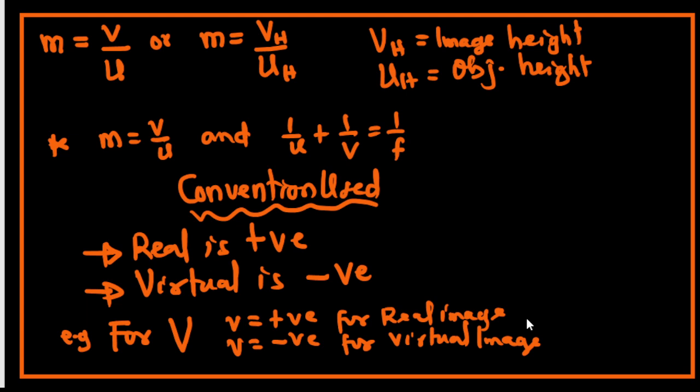So you can see that v is positive for a real image, and negative for a virtual image. Another case you need to take note of the convention for is focal length. For focal length f, it is positive for real focus.